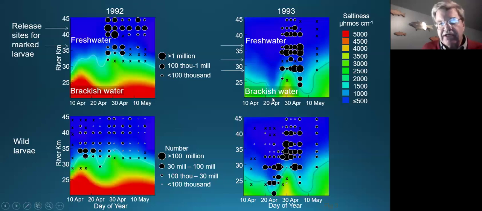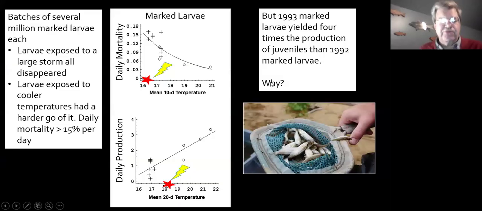That group is right here. So that was our most extreme storm. We released a group there, and they disappeared from us. They presumably all died. So we see that in 93, the final result was this was spring, and eventually these larvae became juveniles.